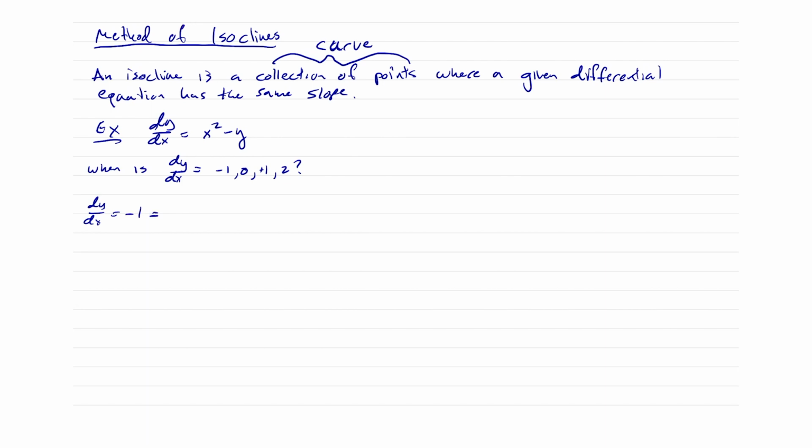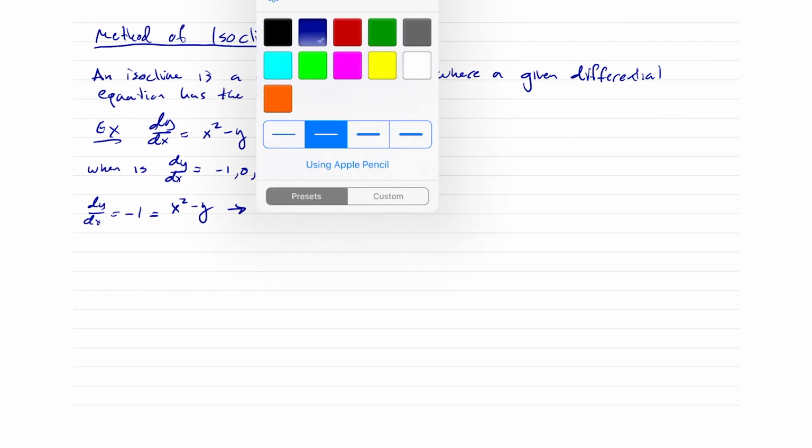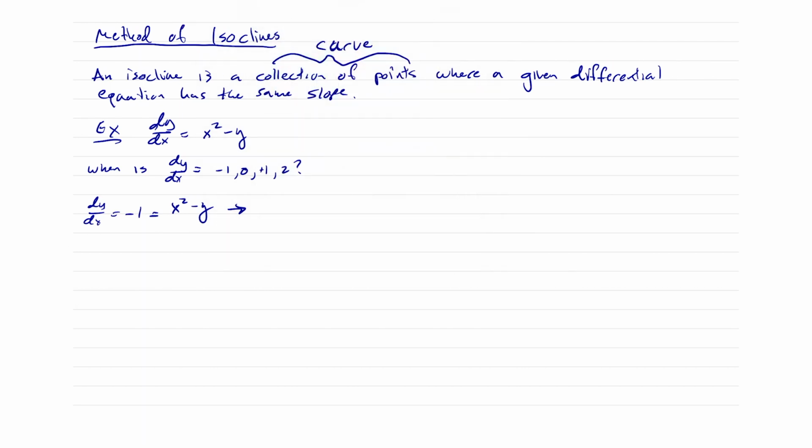Well, I know my differential equation is x squared minus y. So I take this, and that's an equation. It tells me that indeed I'm going to have y is equal to x squared minus 1.